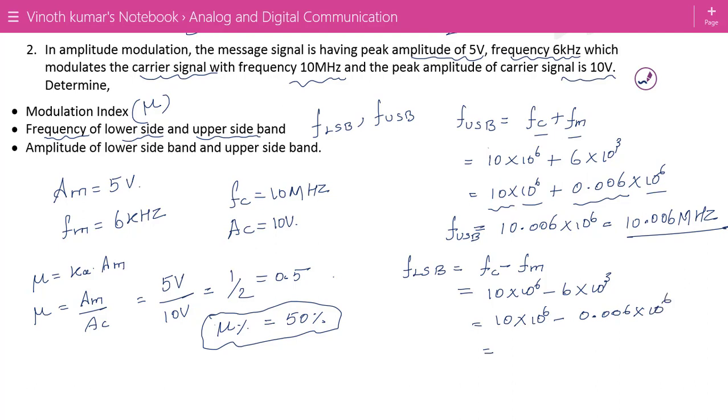Subtracting this, we get 9.994 into 10 to the power 6, that is, 9.994 megahertz is the frequency of the lower sideband.